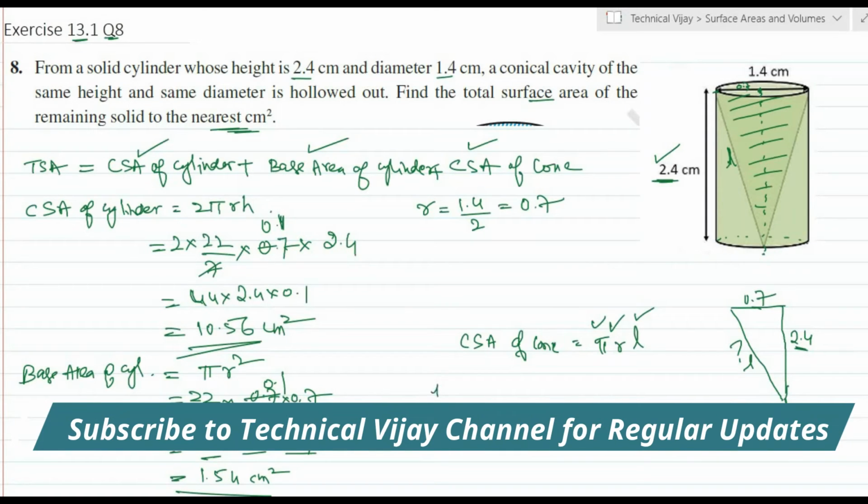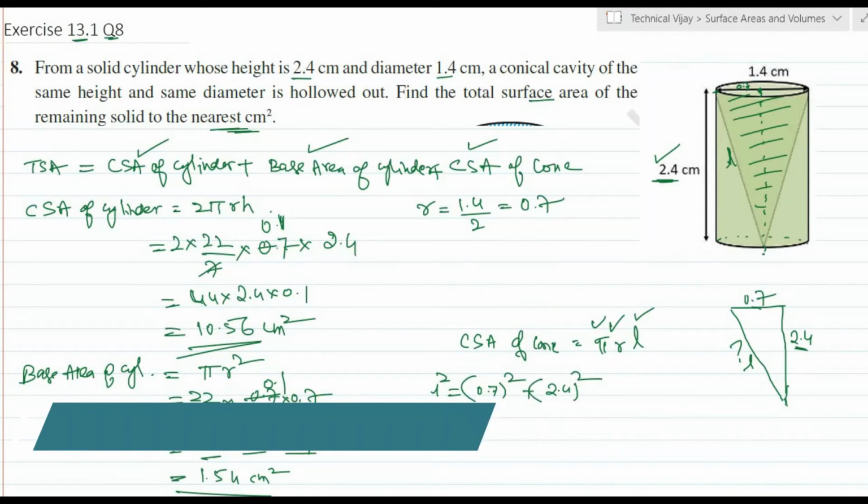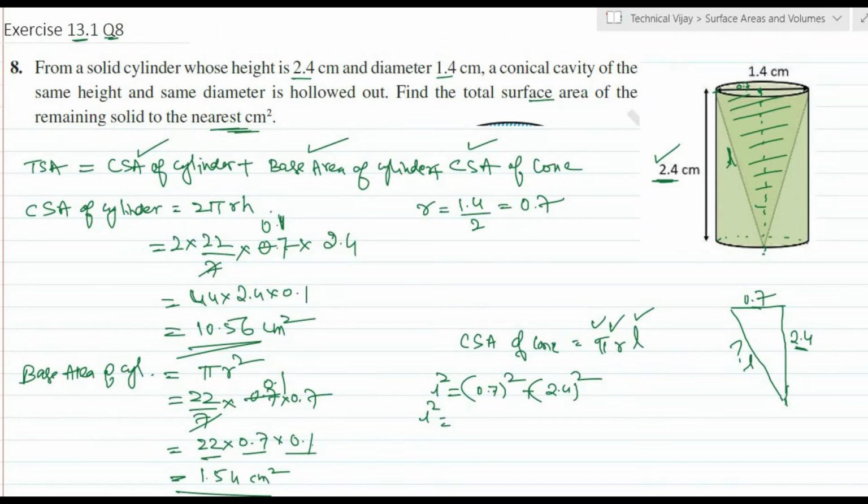So l square is equal to 0.7 square plus 2.4 square. 0.7 square means 0.49, since 7 7s are 49. Plus 2.4 square is 5.76. So l square is equal to 5.76 plus 0.49, which is equal to 6.25.